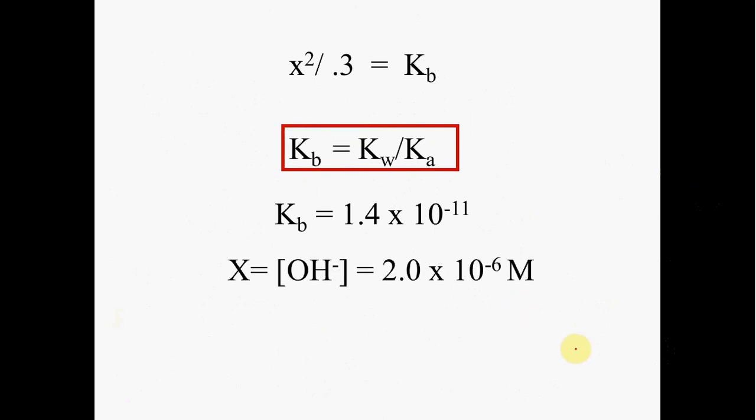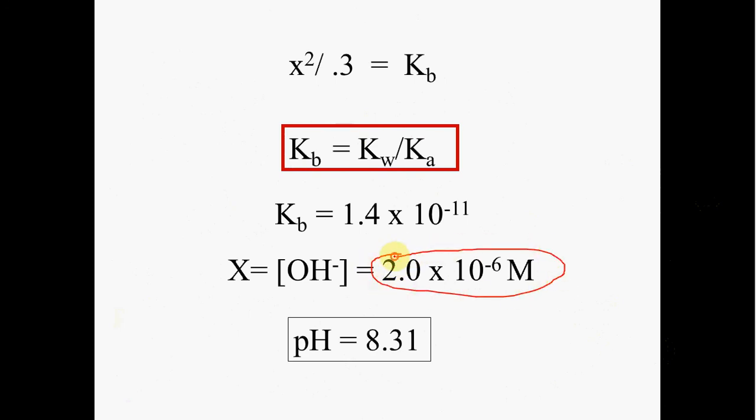You solve for x, you take the negative log of that, but then, don't forget, you have to subtract that value from 14 to give you the pH. This would have been the pOH, since x was the OH negative. A little bit of thinking that you have to do when you have a weak base problem.